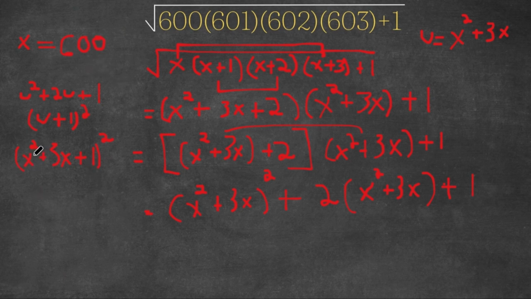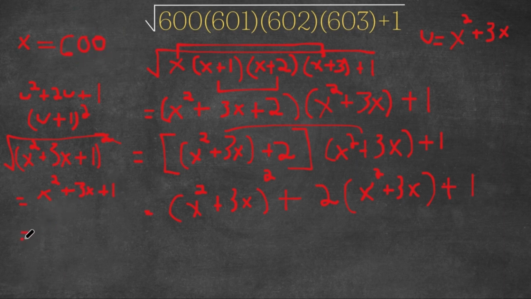We're finding the square root of all this, but that would just cancel out this exponent here. So this would just equal x squared plus 3x plus 1. And now we can substitute 600 for x.